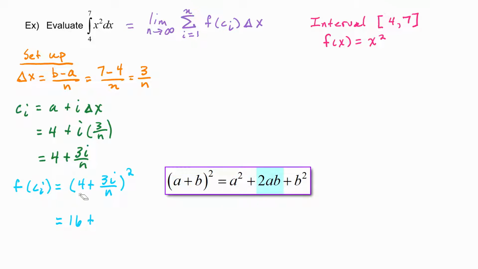So the product would be 4 times 3i over n, which is 12i over n. And then we have to double that, 24i over n. And then we have to take the second term and square it. So plus 9i squared over n squared.